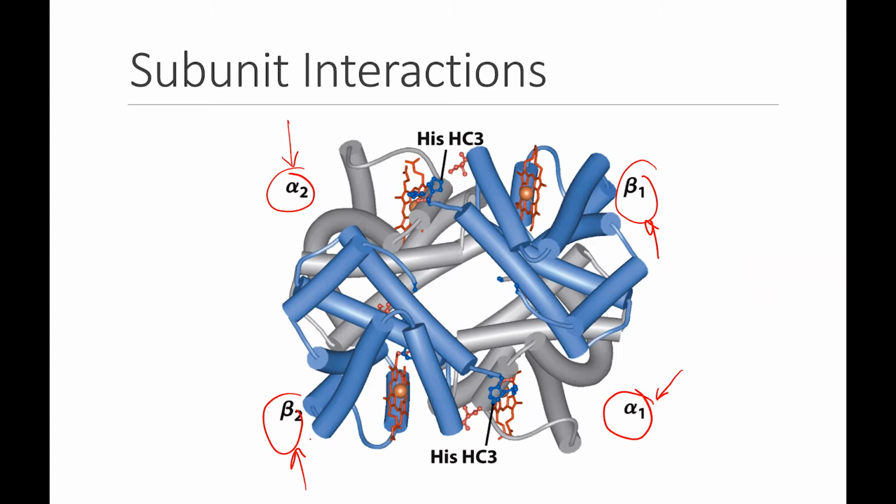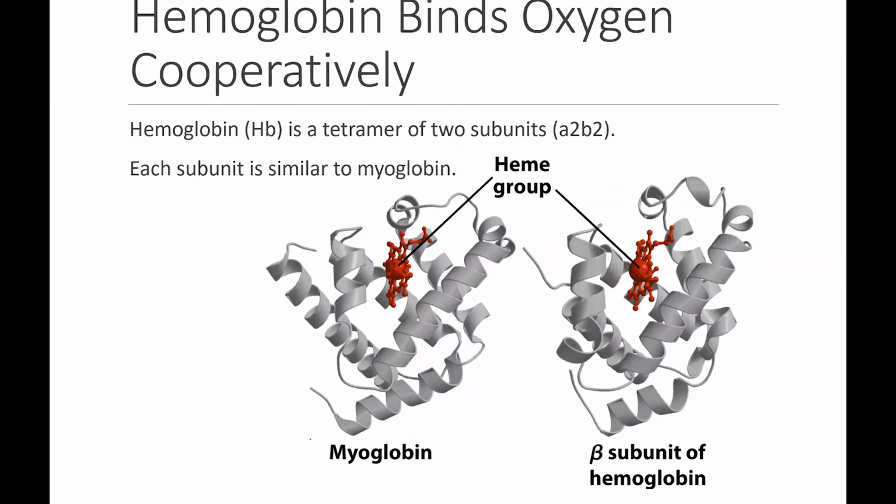You can see here that the beta subunit of hemoglobin is almost identical structurally to myoglobin. Now, myoglobin does not have these 4 subunits, it just exists as one folded protein. So there's no quaternary structure for myoglobin.